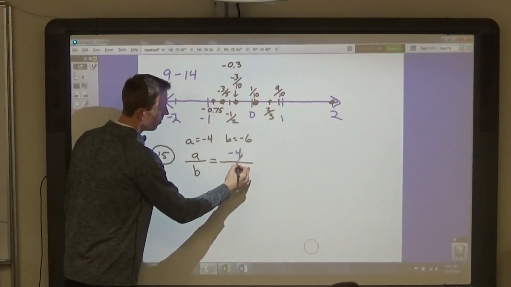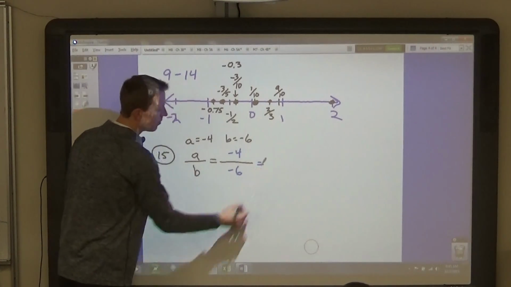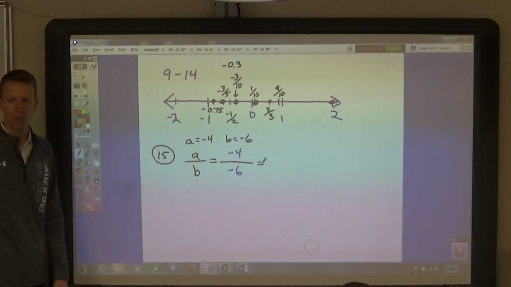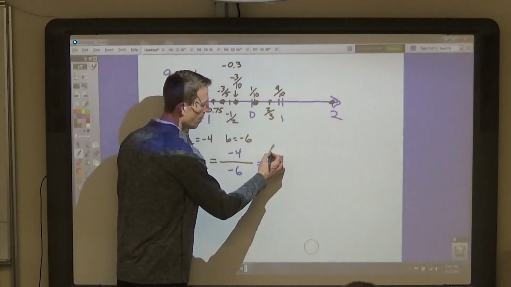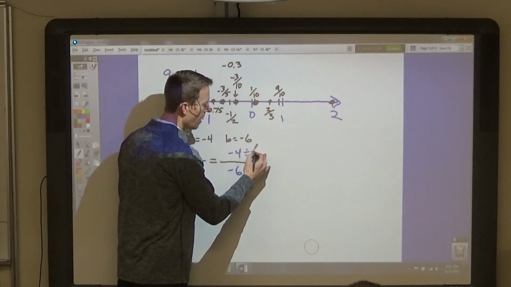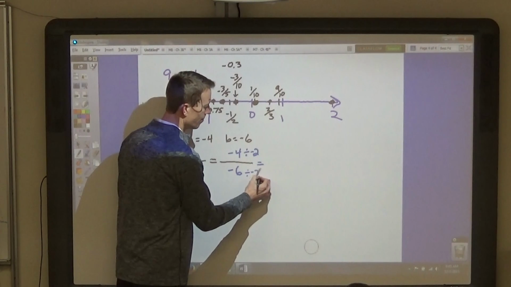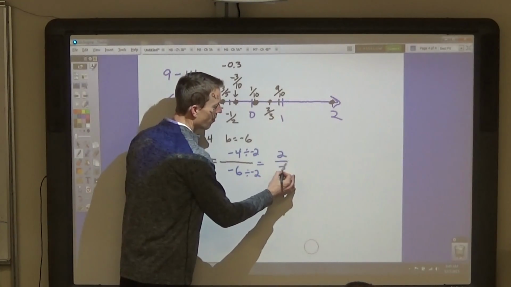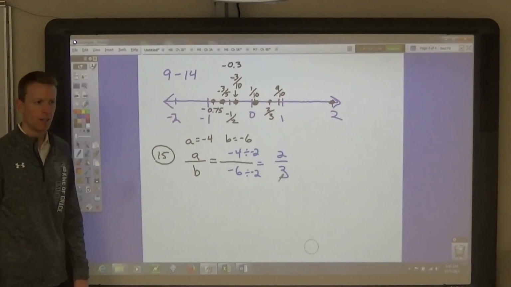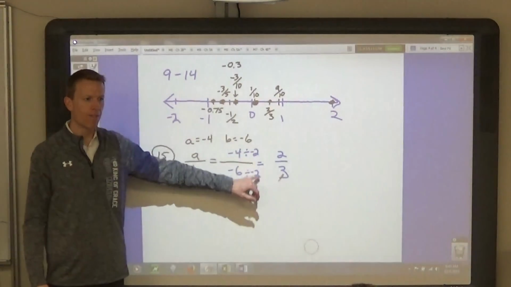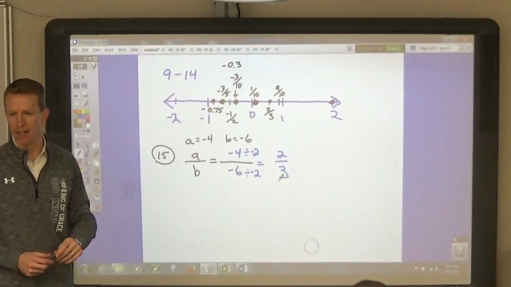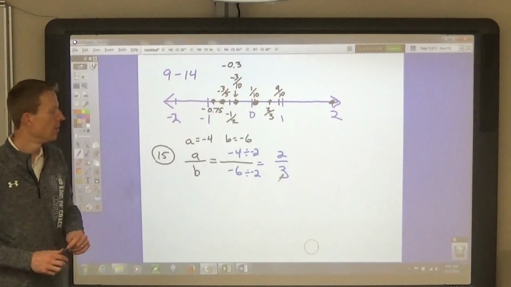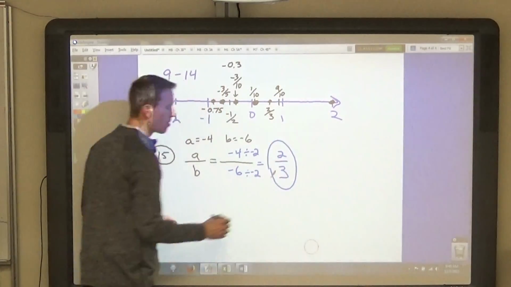So -4 over -6, equals, and reduce it to what? -2 over -3. What if we divide them both by -2? Isn't it 2 over 3? Yeah. Anytime you have two negatives, you have to get rid of them. You have to reduce it to a positive. So 2 over 3 is the answer on that one.